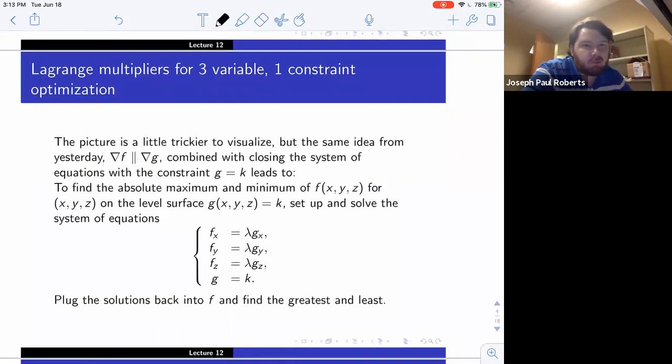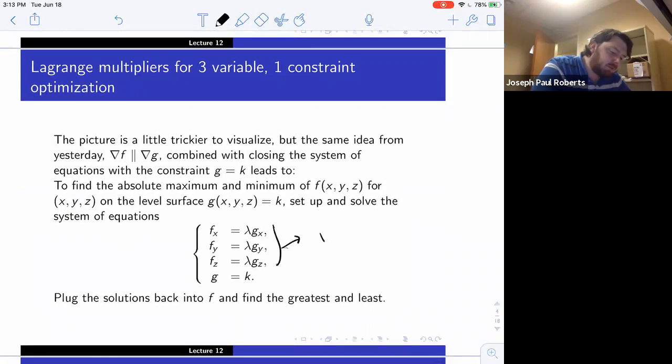It turns out for 3-variable, 1-constraint optimization, you basically do the same thing. The picture is a little bit harder to justify. Yesterday we looked at the contour map of f and overlaid the level curve g equals k, and we convinced ourselves that points of interest are going to be when those gradient vectors are parallel.